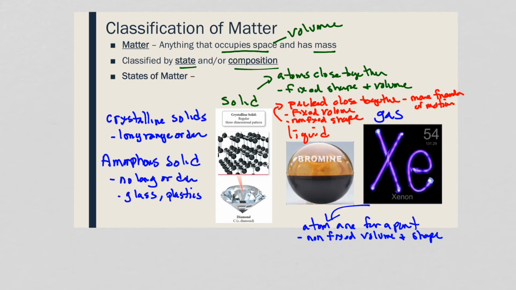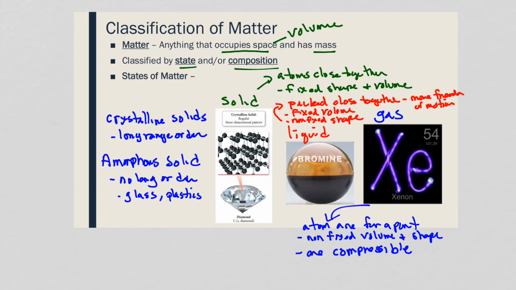One last thing about gases is that they are what we call compressible. So unlike liquids and solids, gases are compressible, and all that simply means is that we can apply pressure and change the volume, or reduce pressure and allow the volume to expand.